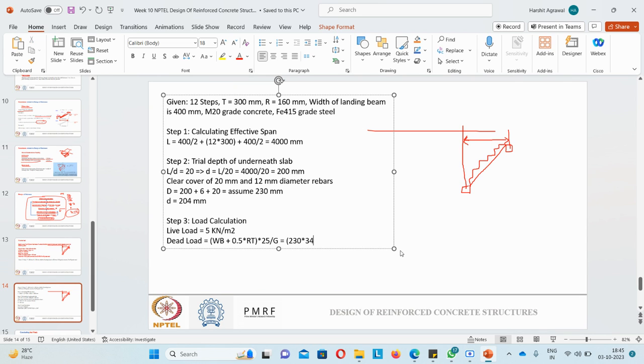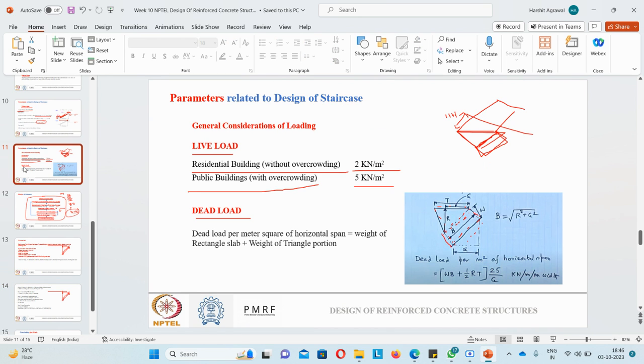So it will be 340 plus 0.5 times R T. So what is my R? 160 times my T is 300, whole into 25 by G. Here G is my going.